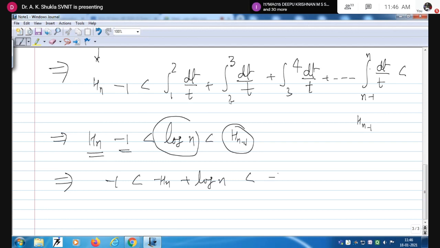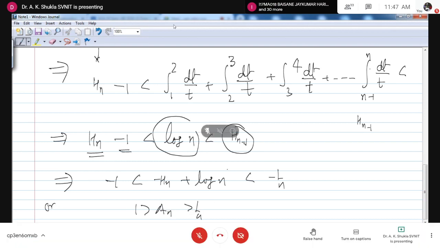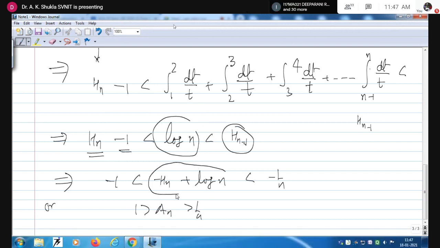This is less than minus 1 upon n, or we can say the value of this becomes 1 greater than an, and this is greater than 1 upon n, due to here.